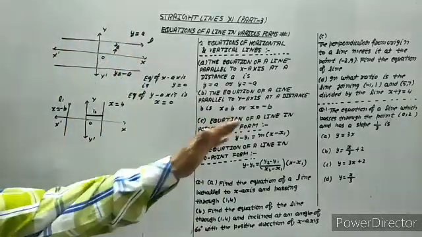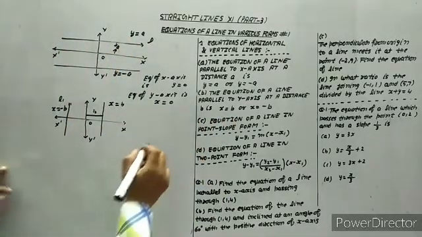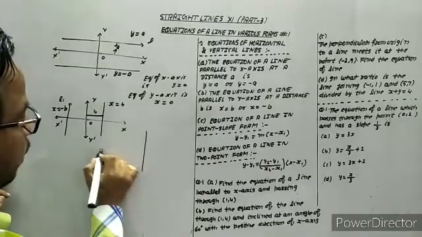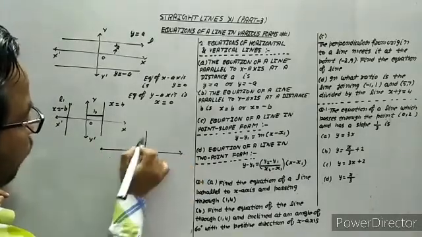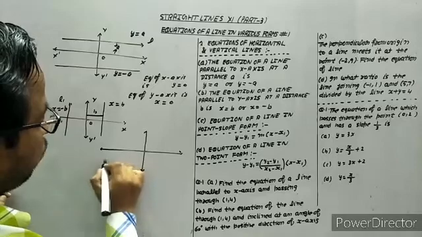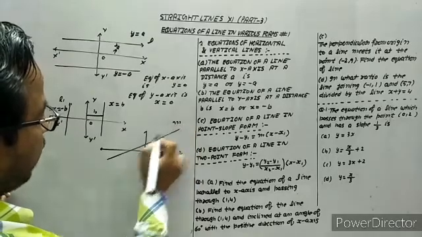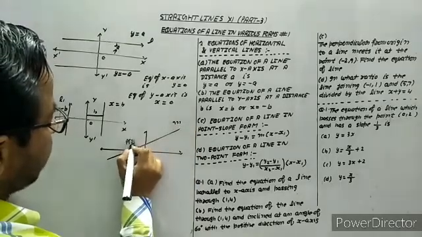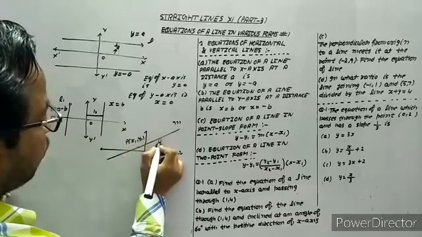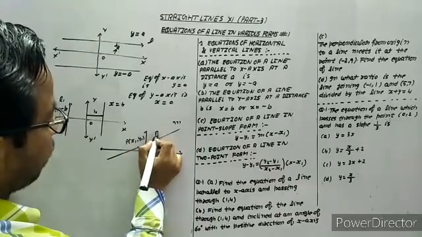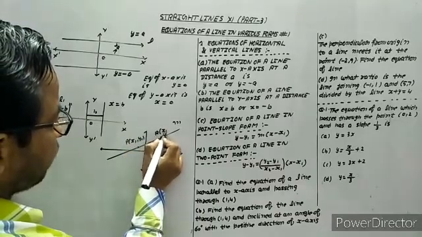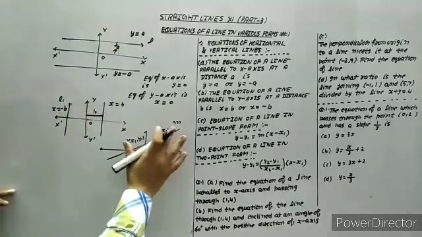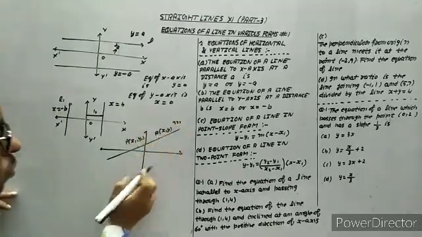Now, the equation of a line in point slope form. To understand this concept, let us suppose we have to find the equation of a line whose slope m is given and this line is passing through a given point (x1, y1). Let us suppose any point R on this line is (x, y). Now we have two points and the slope is also given.